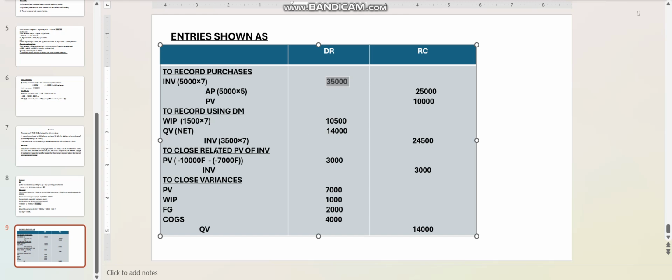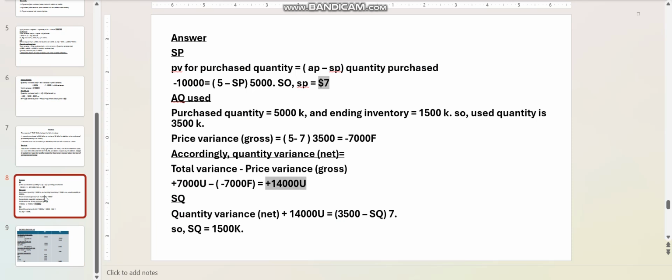Then to close the related price variance of inventory. Total price variance is 10,000, while price variance gross, as previously computed, was 7,000 favorable.